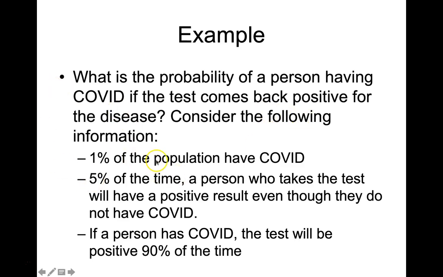So consider the following information. At any given time, 1% of the people in the population in that area have COVID-19. 5% of the time, a person who takes a test for COVID-19 will get a positive result even though they do not have COVID-19.